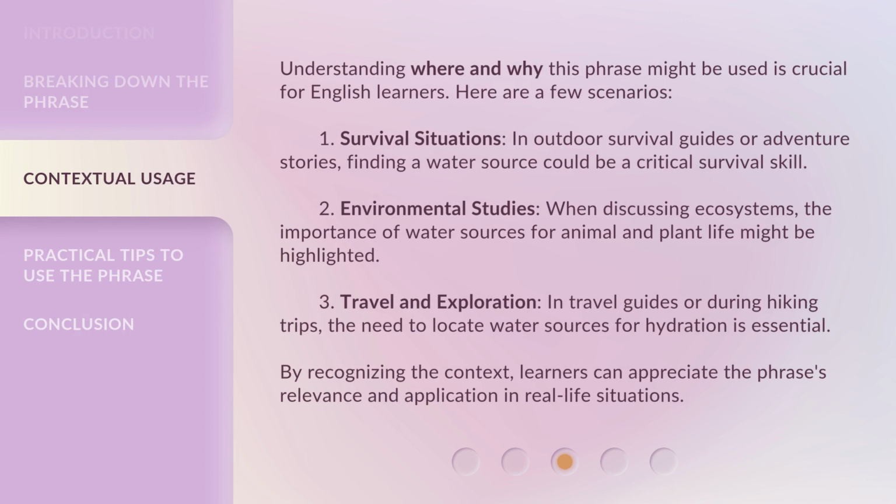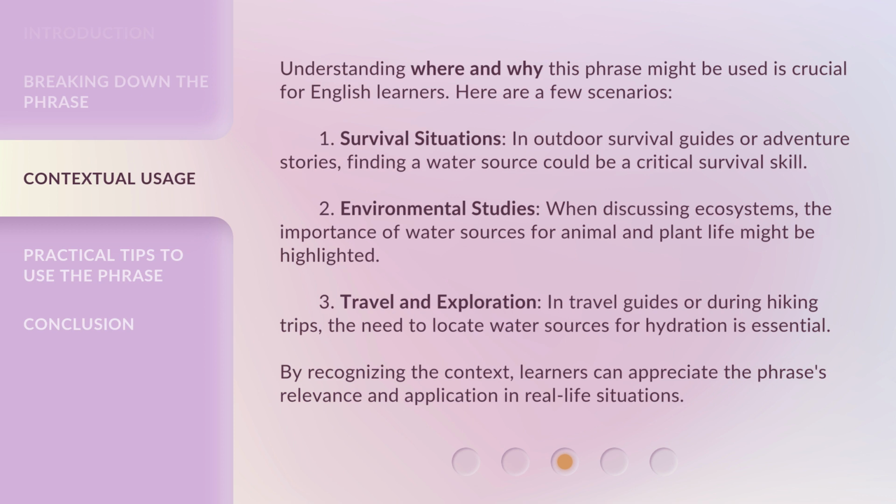Understanding where and why this phrase might be used is crucial for English learners. Here are a few scenarios. 1. Survival situations. In outdoor survival guides or adventure stories, finding a water source could be a critical survival skill. 2. Environmental studies.